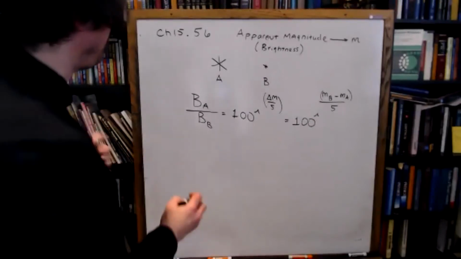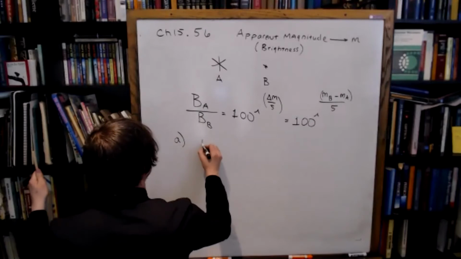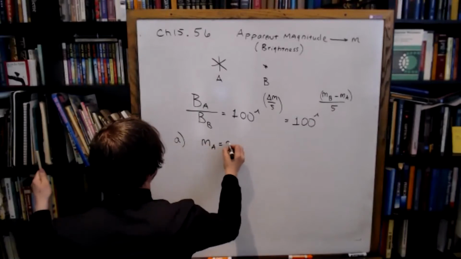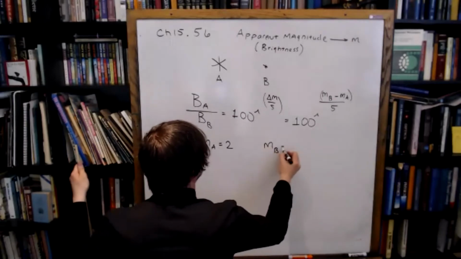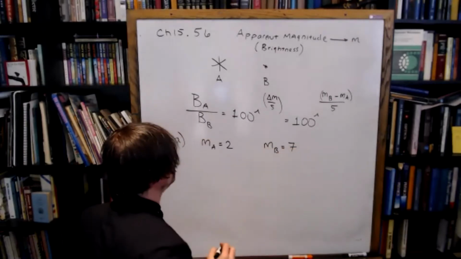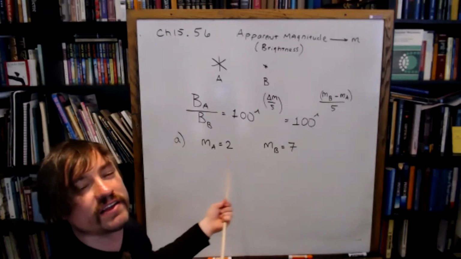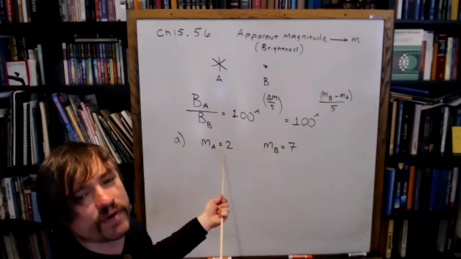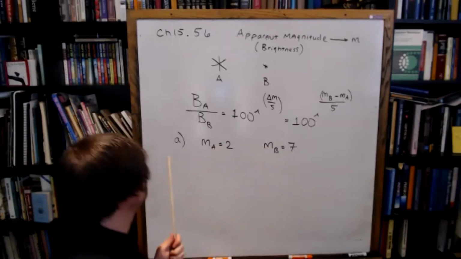A star with an apparent magnitude of 2, which will be the A star, or a star with an apparent magnitude of 7, which is the B star. And we want to calculate the ratio of their fluxes. How many times brighter is the magnitude 2 star to the magnitude 7 star?